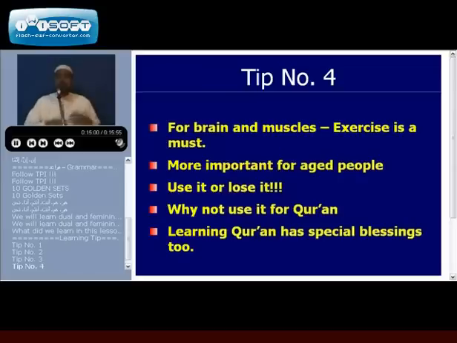Just like, if your hand is broken and you have plaster on it for 1 month, you remove the plaster and you can see the hand has become just like a bone. Why? Because the muscles are not being used, so they start shrinking. Similarly, if you don't use your brain, it will start almost losing you. So, use it or lose it. So why not use it to learn the Quran?